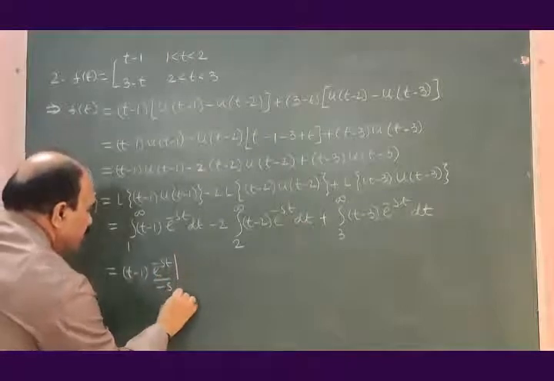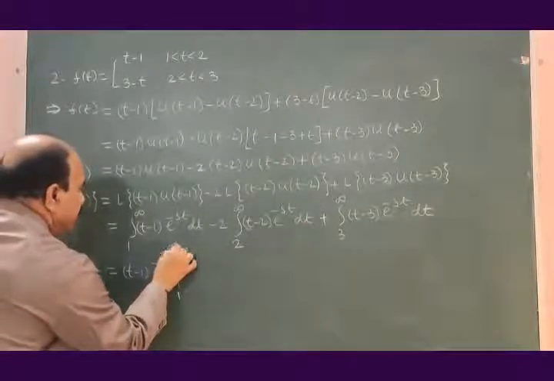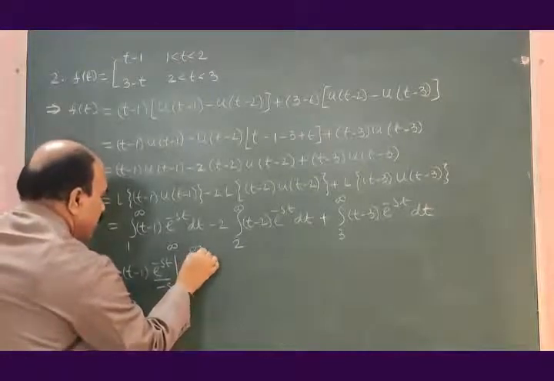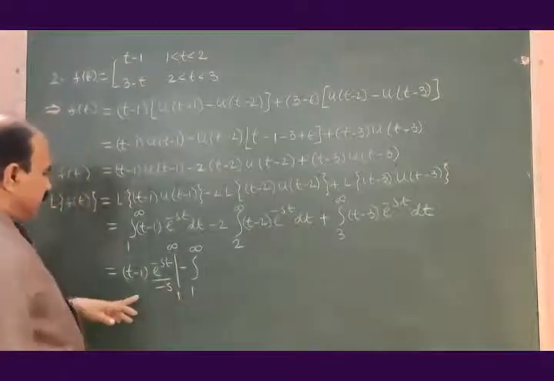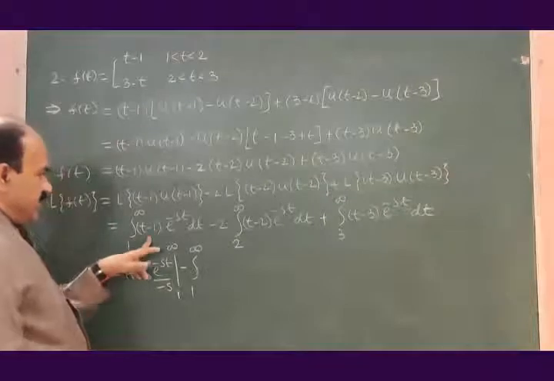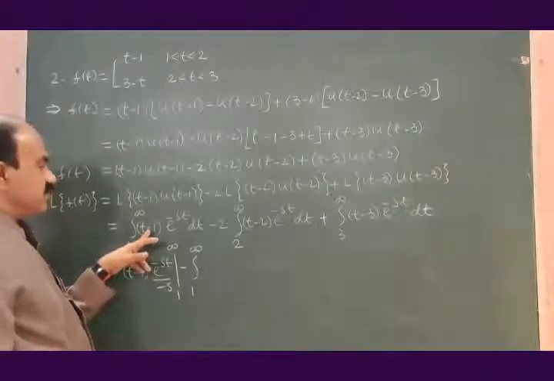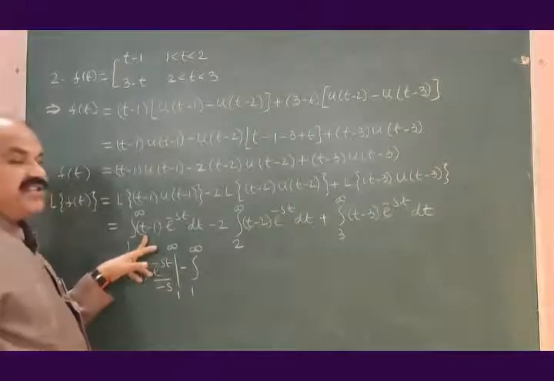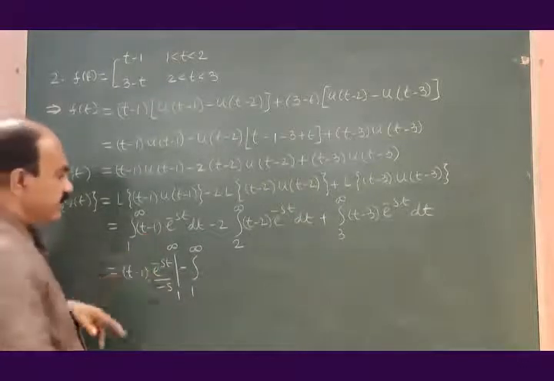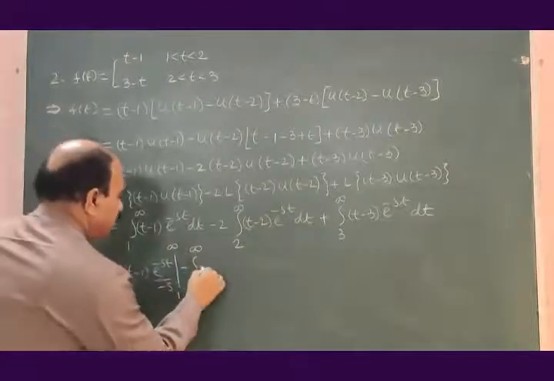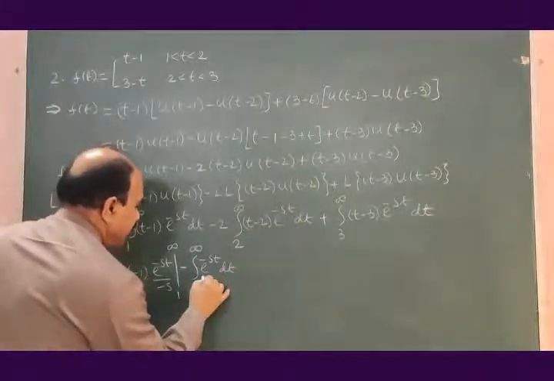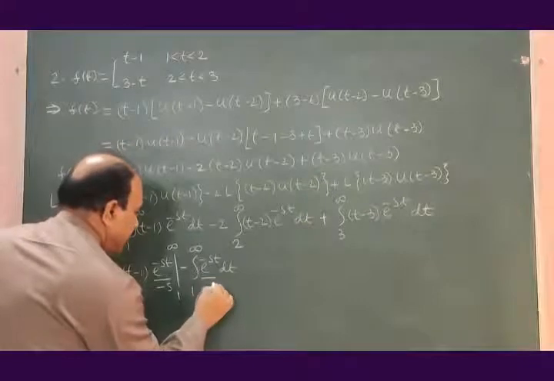Limits for these two are 1 to infinity, minus integration of 1 to infinity f dash of x, which is the differentiation of t with respect to t, that is 1, into e to the power minus st dt divided by minus s.